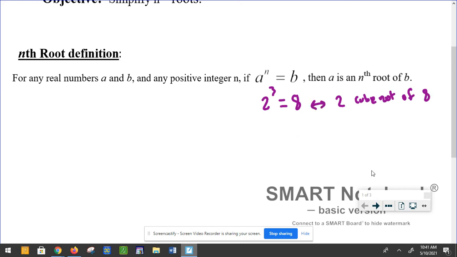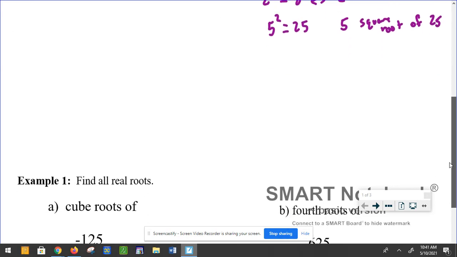They go back and forth. If you say 5 squared equals 25, which is true, 5 is a square root of 25. Okay, so that's what that definition is talking about in context.